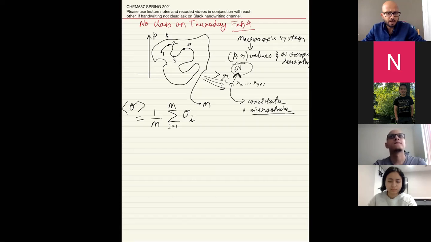This average, denoted by bracket notation or by bar notation, either of them, is called a time average. Why would you care about such a time average? Because this is what you do in experiments. You prepare a system and you observe it many, many times and you calculate the average.